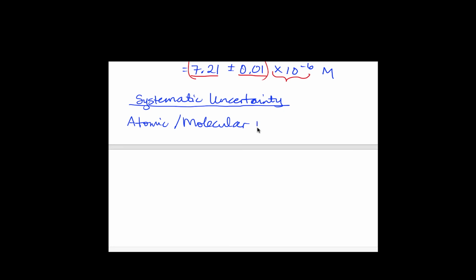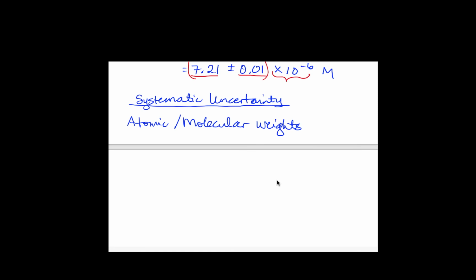And this is because atomic weights are averages, which you probably remember from Gen Chem, that we calculate the average atomic weight based on the natural abundance of each element. The isotopic abundance of each element varies depending on where you are on the planet.